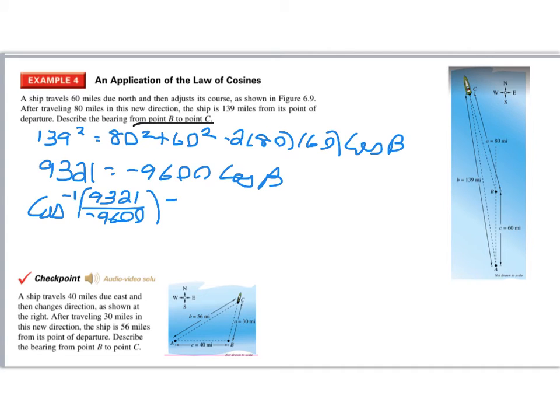When it's negative like that, it just means you're going to have an obtuse angle, and if you look, B is an obtuse angle. So B is approximately 166.2 degrees.